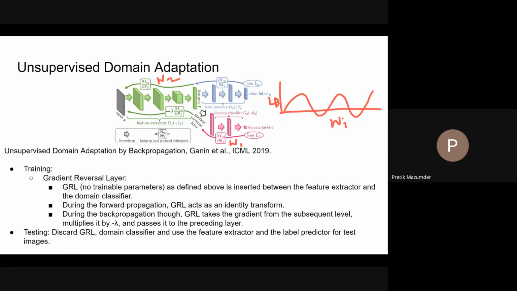Currently the value of W1 is somewhere over here, and the corresponding loss is here. It's a high loss, not a low loss, and you're trying to reduce the loss as much as possible. When you do gradient descent, you'll get the direction of the gradient, and you'll try to move in the opposite direction of the gradient.